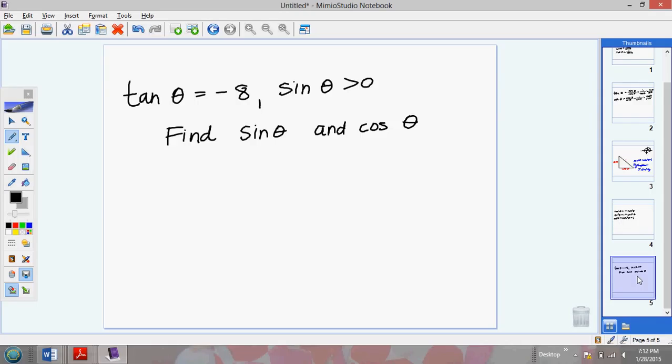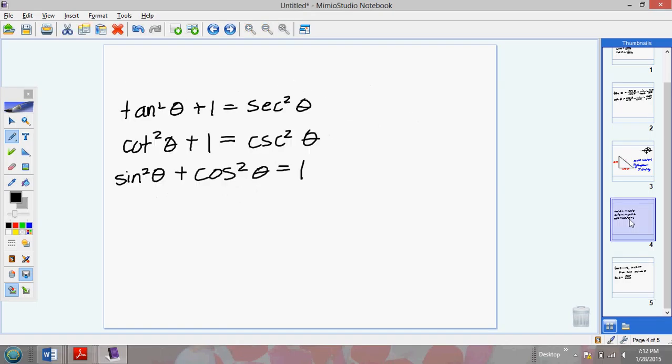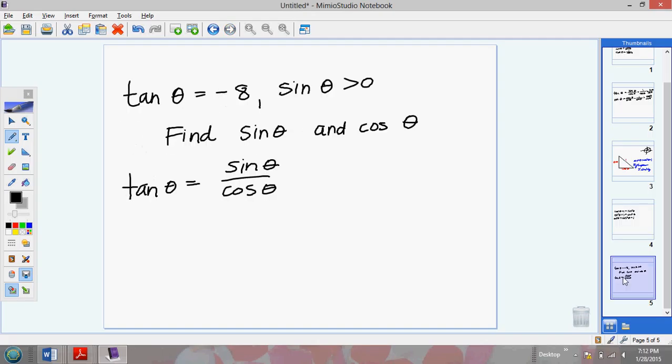We know that tangent is sine over cosine. We also know from the last slide that tangent squared theta plus 1 is secant squared theta, and that secant is equal to 1 over cosine, so that's going to come in handy.